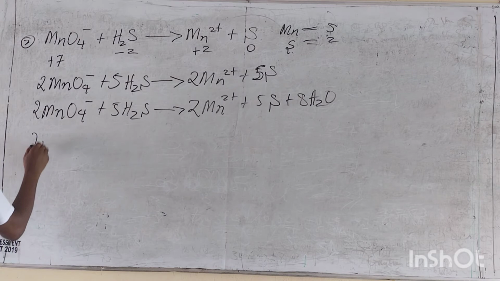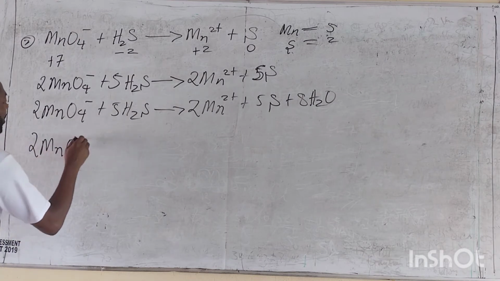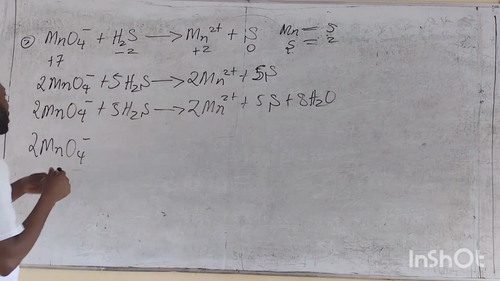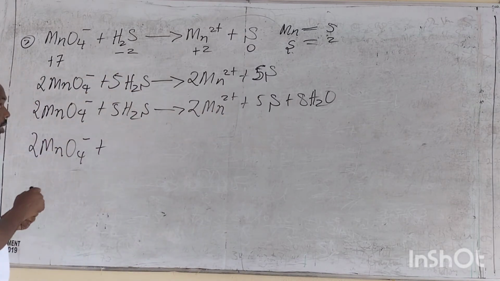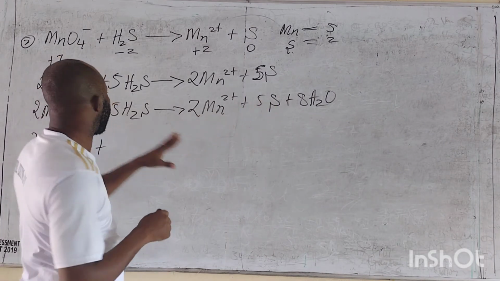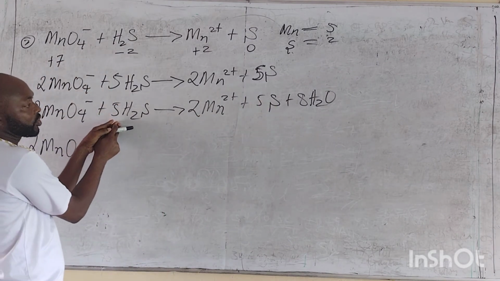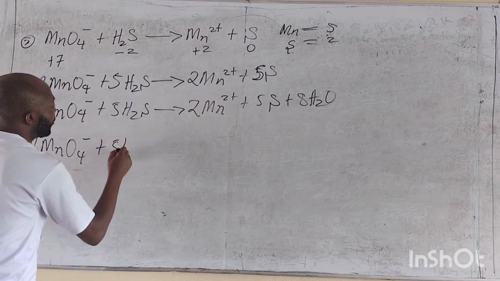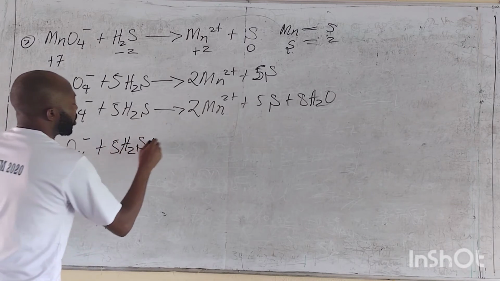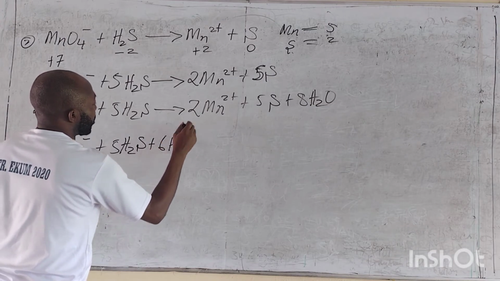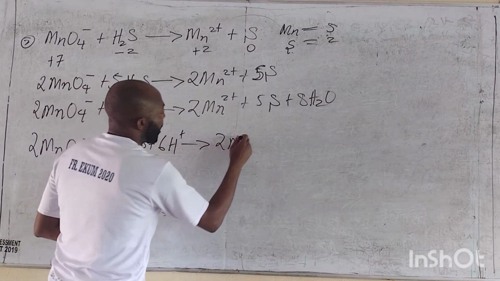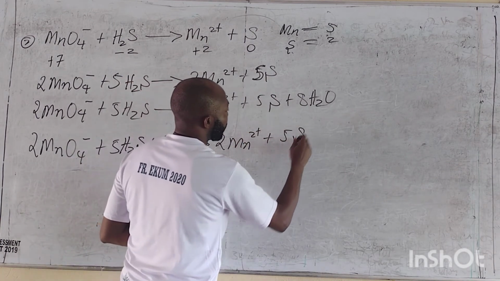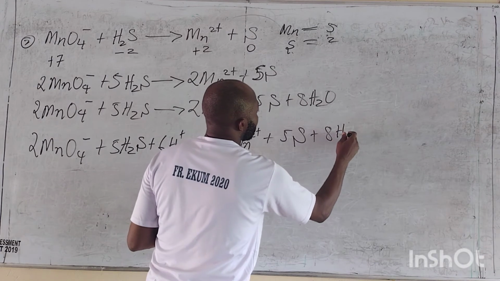I have to balance hydrogen on this side. Since it's 16, and on this side we have 10 hydrogen already, I will bring in 6 hydrogen. So 2 MnO4 minus plus 5 H2S plus 6 hydrogen ions will give us 2 Mn2+ plus 5 sulfur plus 8 H2O.